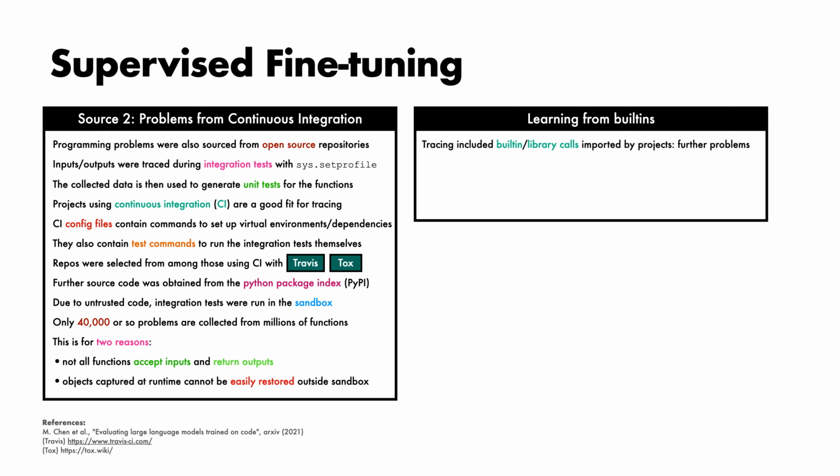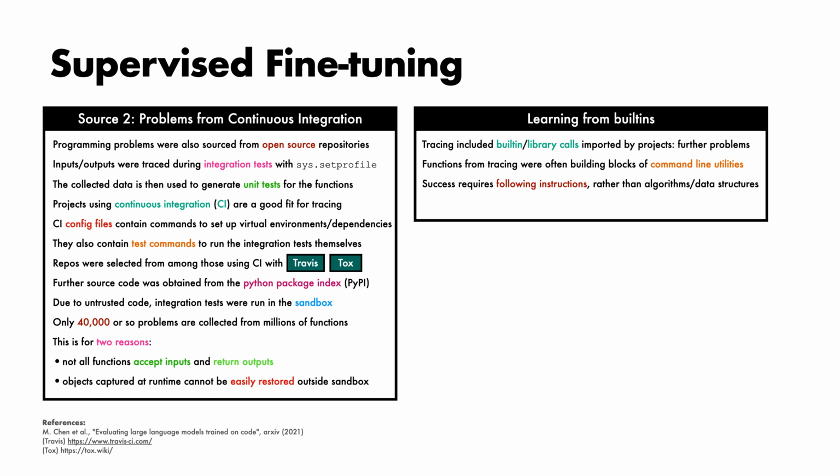One interesting note about the tracing used for the continuous integration tests was that it included inputs and outputs for all functions invoked by the code, including built-ins and library calls imported by projects, which were subsequently turned into further programming problems. As a consequence, many of the functions obtained from tracing were the building blocks of command line utilities.